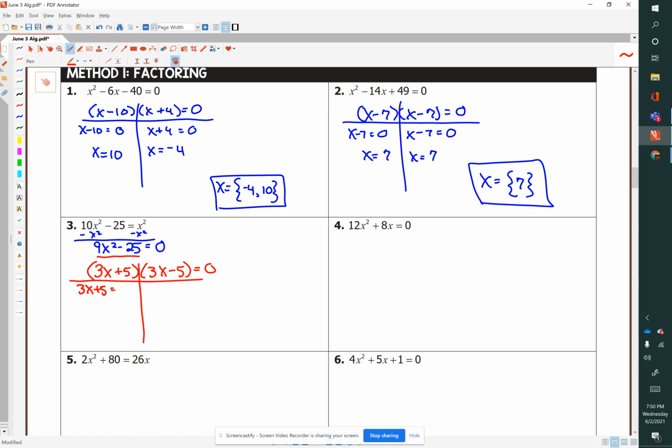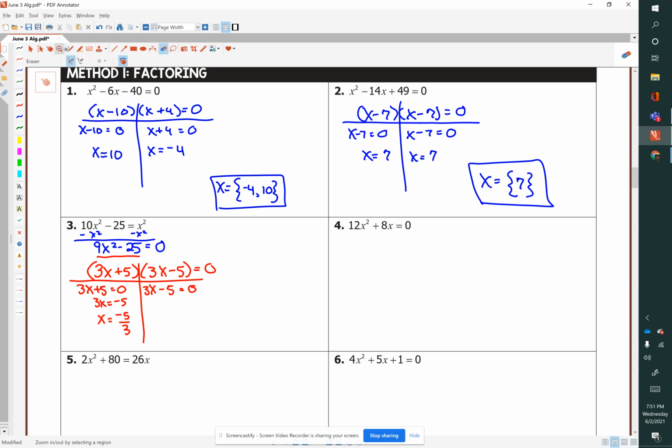3x plus 5 equals 0. 3x equals -5, and x equals -5 over 3. 3x minus 5 equals 0.